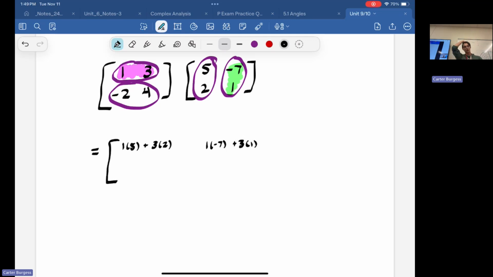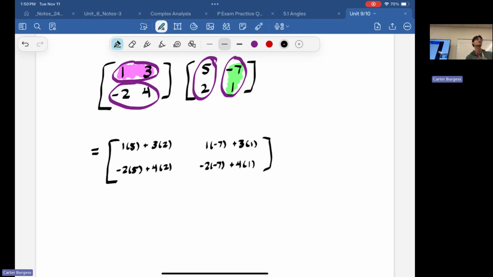Let's do my second row first column entry. What is that going to look like? Perfect. Plus 4 times 2. Very nice. And then my second row, second column. Yep. Very nice. Perfect.